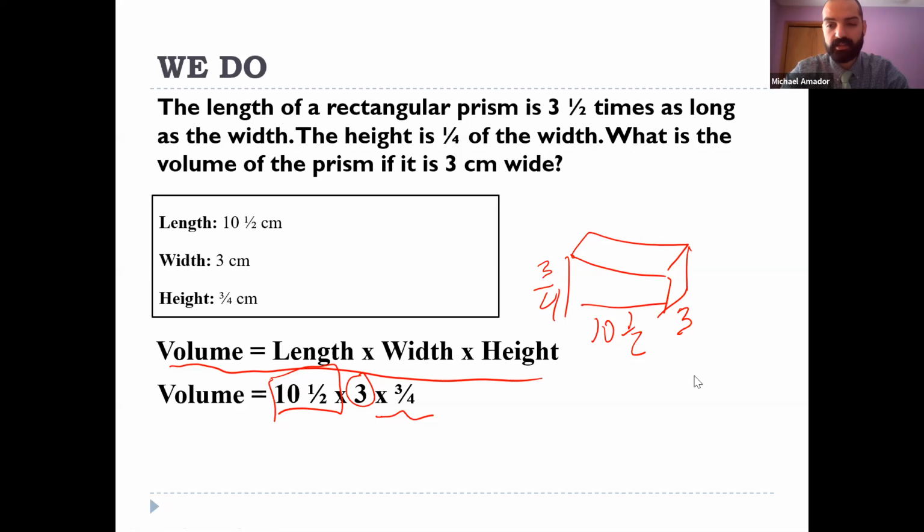I don't think that seems right to me. And you know why that doesn't seem right to me, Angelina? Because 3 times 10 is 30, right? 3 times 10.5 is probably a little bit more than 30, but then we have to multiply it by 3/4. So that's going to make it smaller.